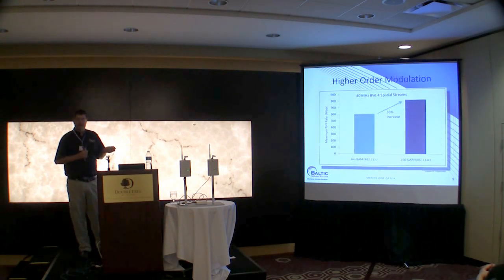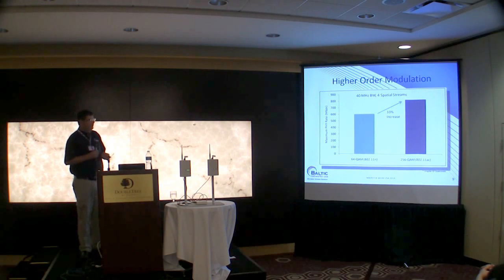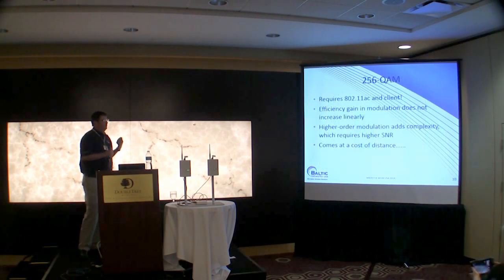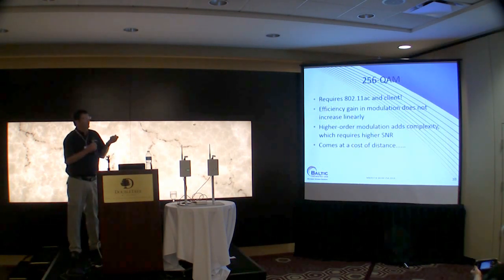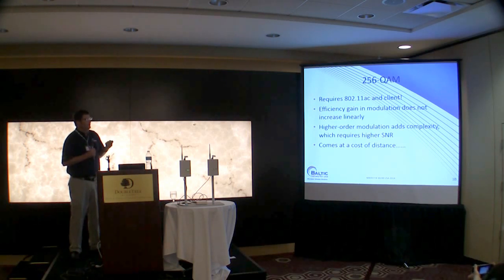So one of the main advantages, of course, is we get a higher modulation rate, 64 QAM going to 256 QAM. We have a 33% speed increase. What does that take to work? Well, you do need a client and an access point with the Wave 1 chipsets in order to make that work.